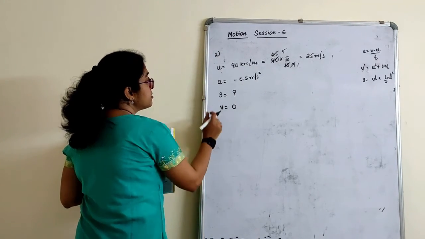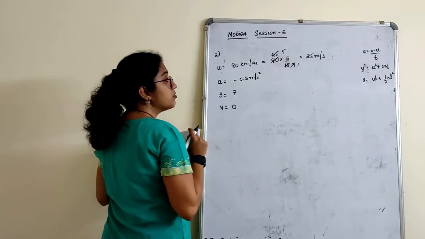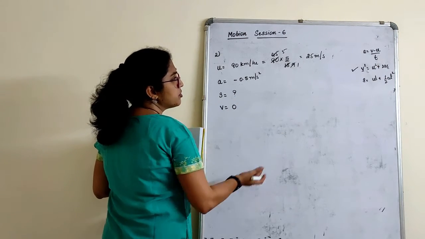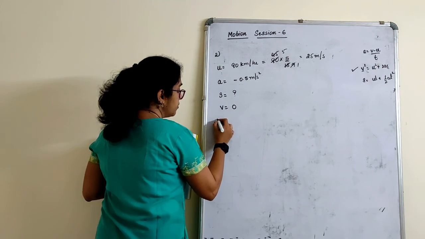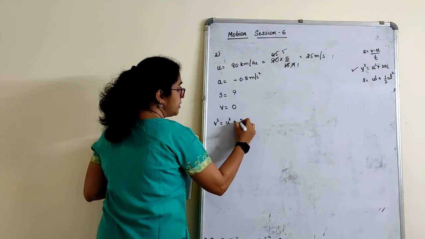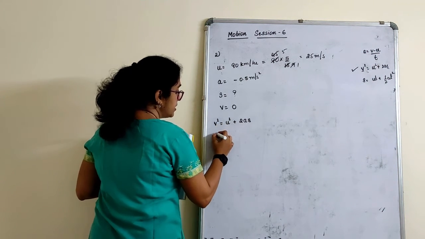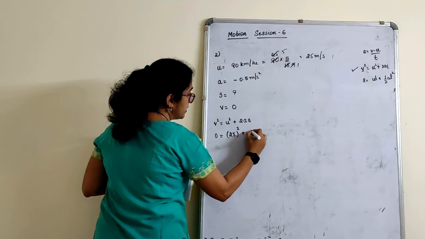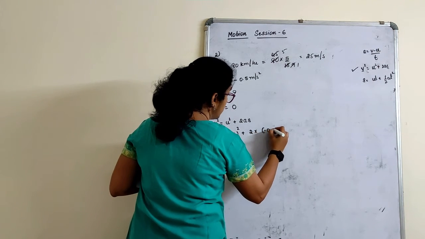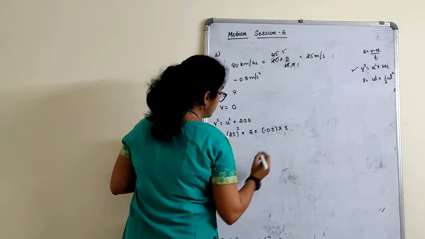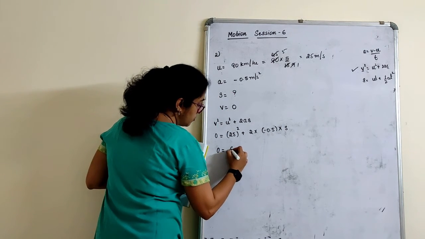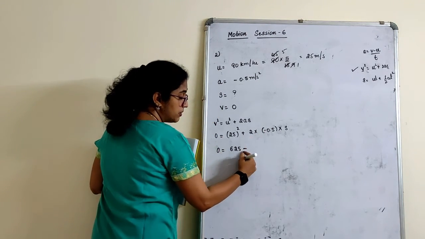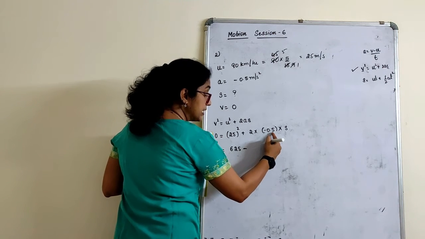U is known, A is known, S is to be found out, V is known. I think this is the right formula to find it. The second one. Let's apply it because time is not required here. Directly apply. V square is equal to U square plus 2AS. V is 0. U is 25 square plus 2 into minus 0.5 into S. So 0 is equal to 625 minus, be very careful, minus into plus is minus. 2 5s is 10.